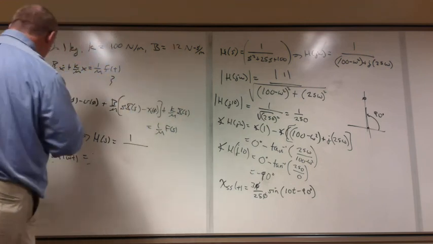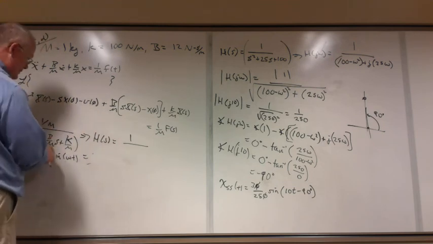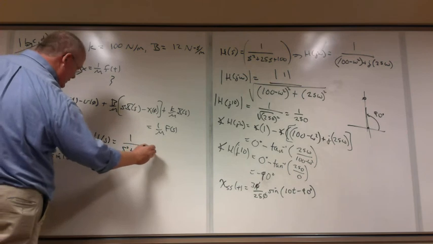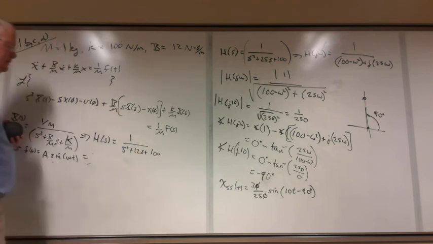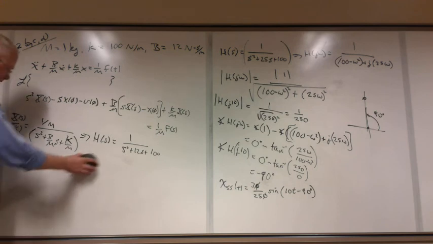All right, so the transfer function becomes the same numerator, 1 over 1, s squared plus 12s plus 100 over 1. Okay, so that is part 2b. So now, I'll come back to the frequency response in a minute here.